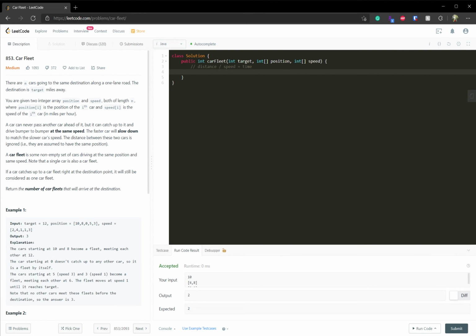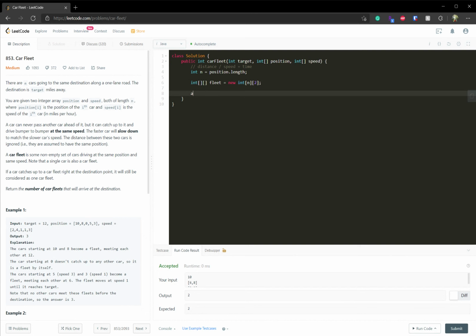So first, I'm going to sort all the cars based on their starting position. Let's say a fleet. First, I will need n equal to position.length. This data structure will allow me to store the position with its speed even after sorting based on position.